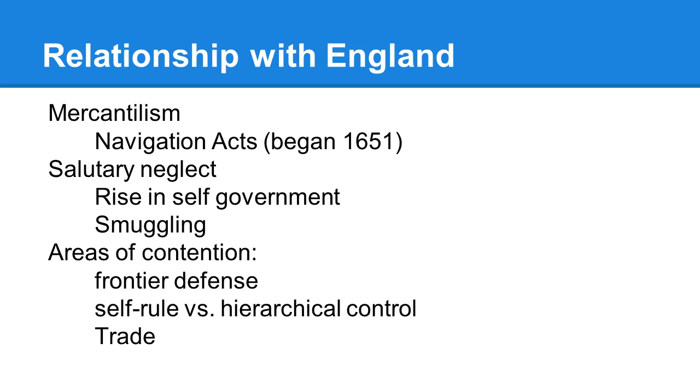Now, on the whole, all through the 1600s, the colonies were going through salutary neglect, which basically meant that England wasn't really enforcing any laws in the New World. We do have governors there that are appointed by the crown, but once you're over here among the people in the new colonies, are you really doing exactly what the king would have wanted, or do you become one of the colonists?